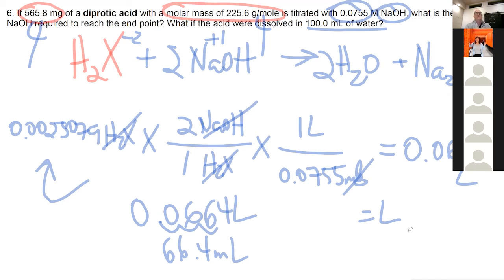If in this experiment I dissolved that amount of acid in 50 mL of water and we did the titration, and then we did a second titration with exactly the same amount of acid, but this time dissolved in 100 mL of water, would that change the amount of base we would use to titrate the acid?